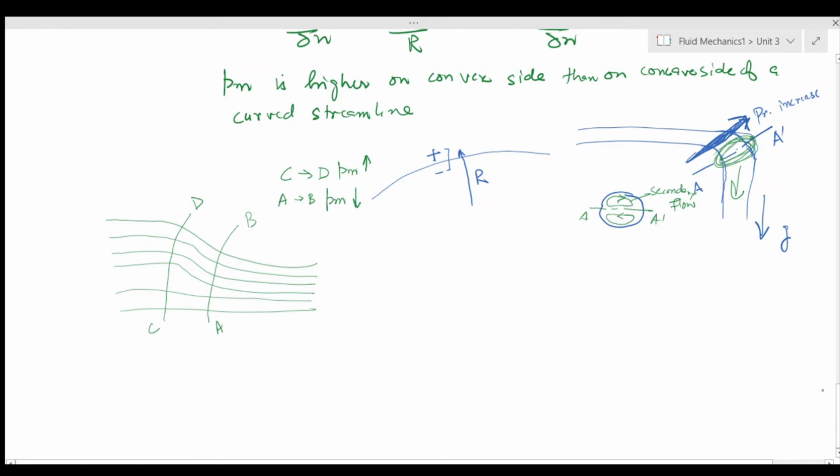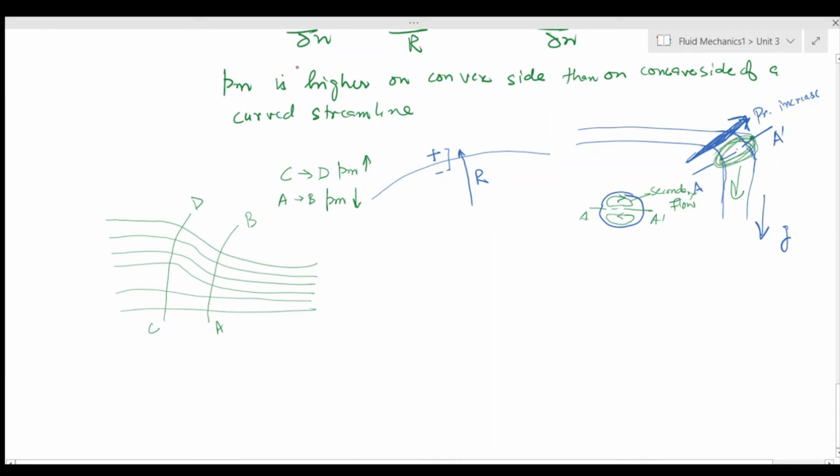So that's pretty much it about Euler's equation. Earlier we discussed Euler's equation in general, and then the Euler equation in streamline coordinates, along the streamline and perpendicular to the streamline. Now let us move from here to Bernoulli's equation. You can talk about Bernoulli's equation in terms of energy or work.